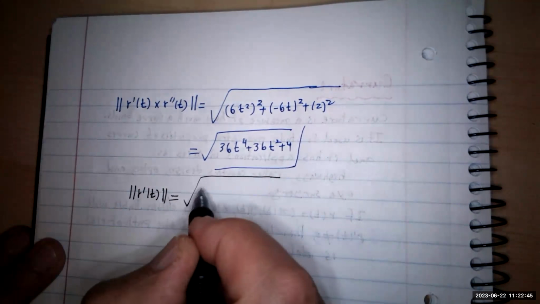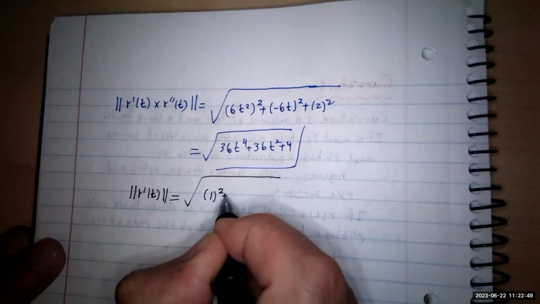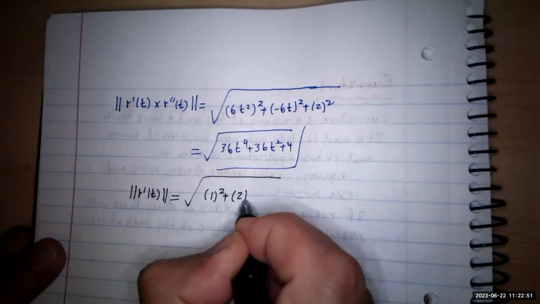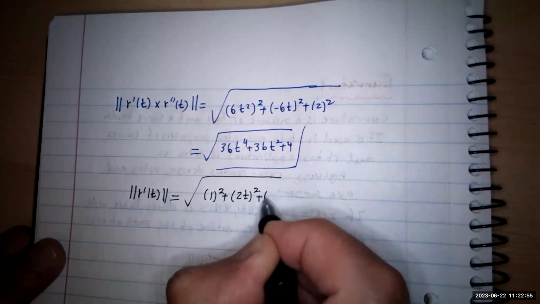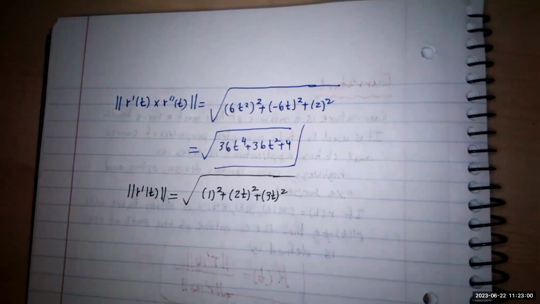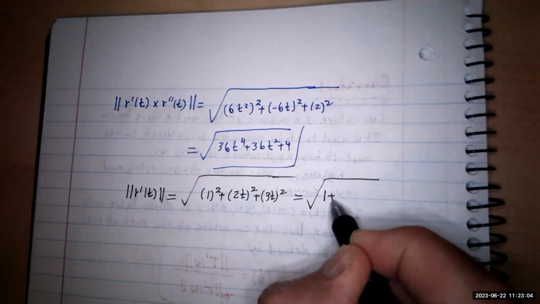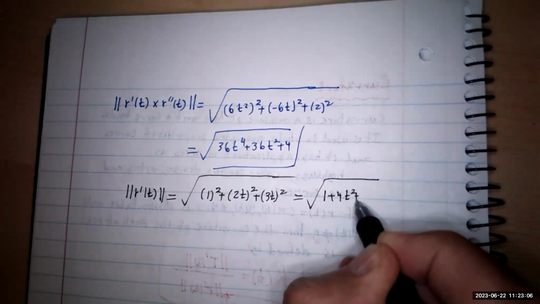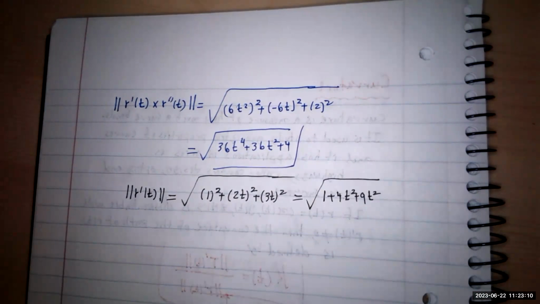The square of the components of r prime was 1 squared plus 2t squared plus 3t squared. So that gives you 1 plus 4t squared plus 9t squared.